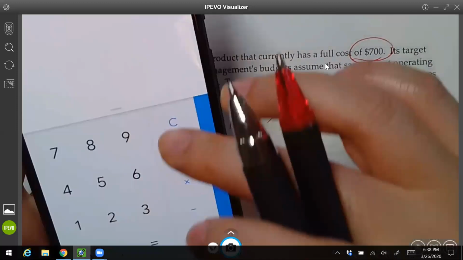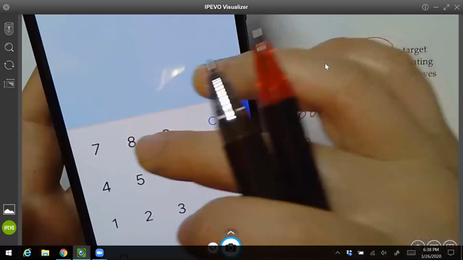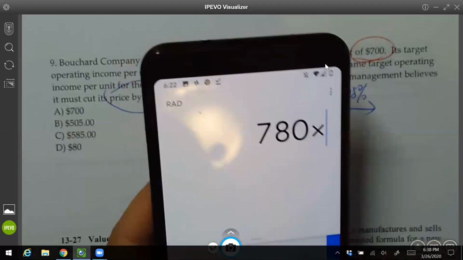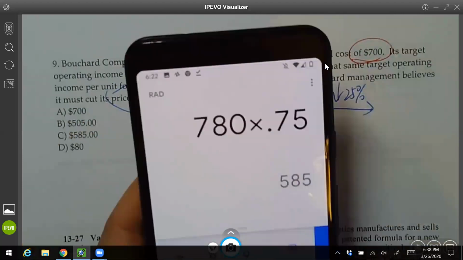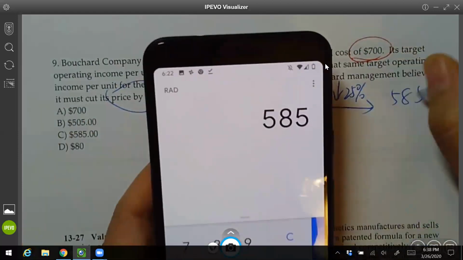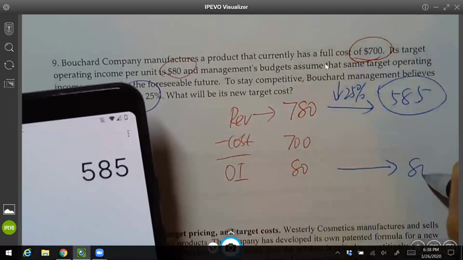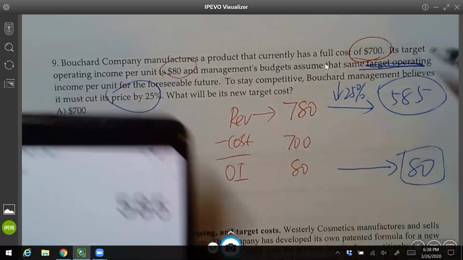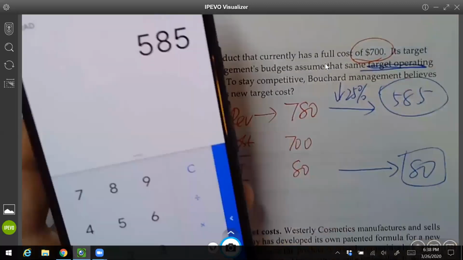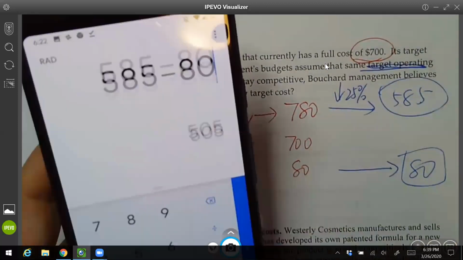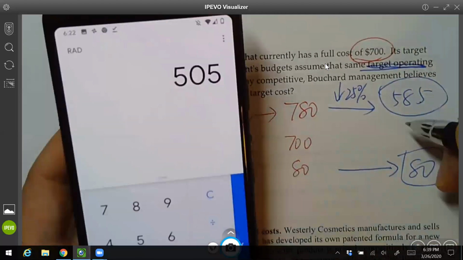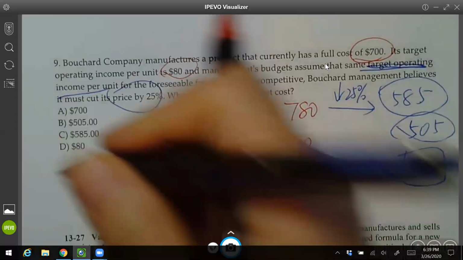So your new selling price is 780 times 0.75, which gives you 585. You want the operating income to still be the same, so your new cost has to be 505.